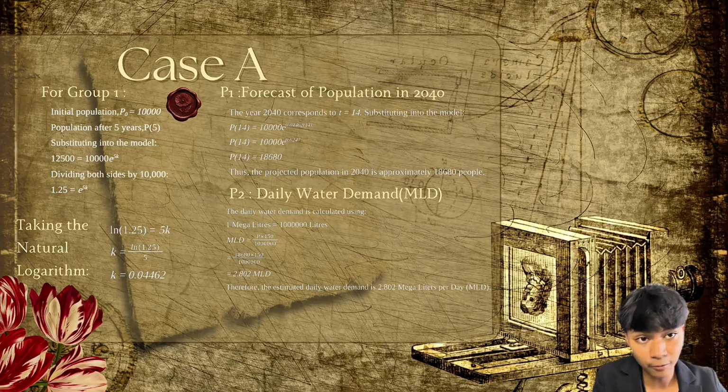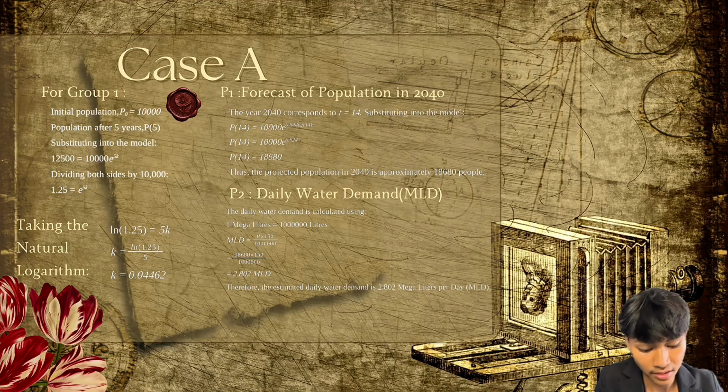So looking here, 1.25 equals e to the power of 5k, and then taking the natural logarithm, ln 1.25 equals 5k and we end up with k equal to 0.04462.